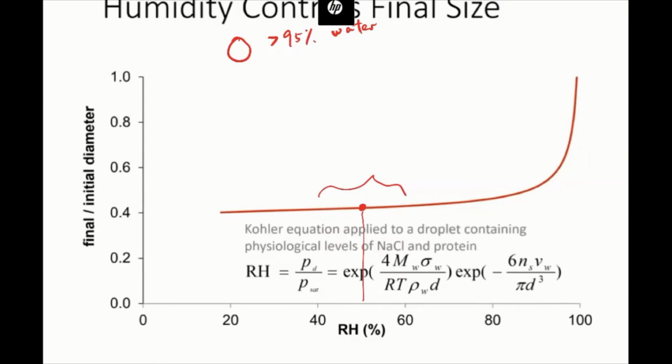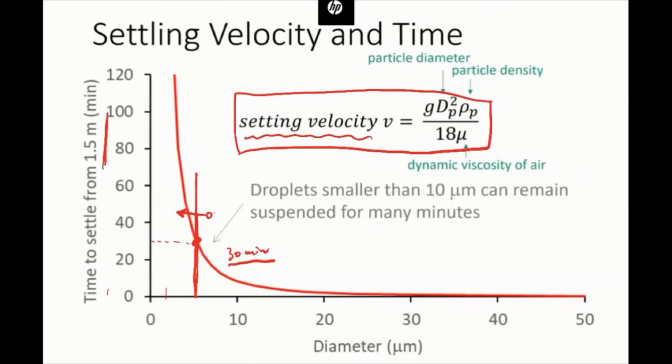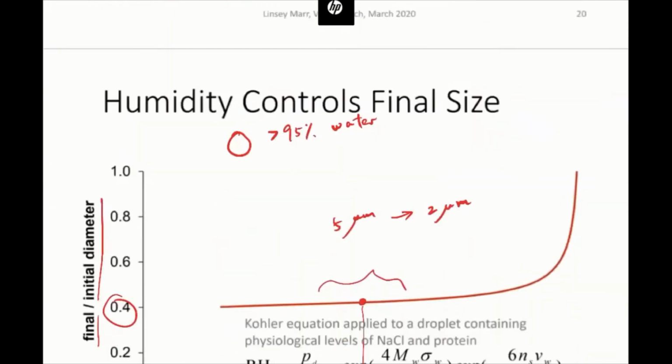So if we have a 5 micron particle in the beginning, it's going to quickly shrink to around 0.4 times the original size. This is final divided by initial diameter. So this 5 micron particle is going to shrink because of evaporation to around 2 micron. If you look at 2 microns, you can't even find the terminal velocity, because the settling time is just too long.